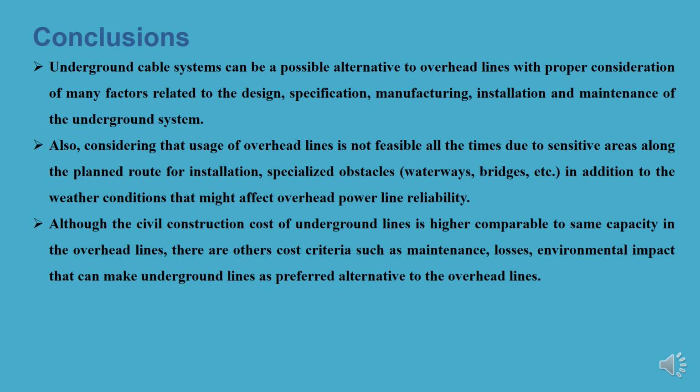So whatever the specification, design, installation and maintenance, we have to take proper precautions, and we have to transfer the lines from one point to another point, right? There are some losses and some environmental impacts of the overhead network system, but from a safety point of view, and whatever the environmental impacts on the particular system, we have to take care, and we have to give a proper solution for the particular system.